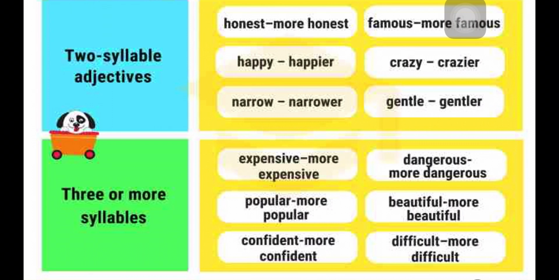So we have to add more: more honest. Look at the word famous. How many sounds? There are two sounds, right? So we have to add more before the word famous when we use it in the comparative.